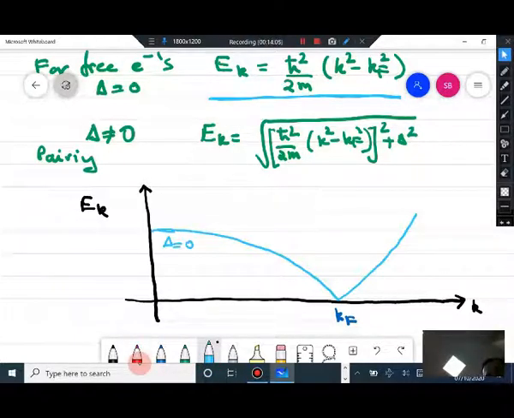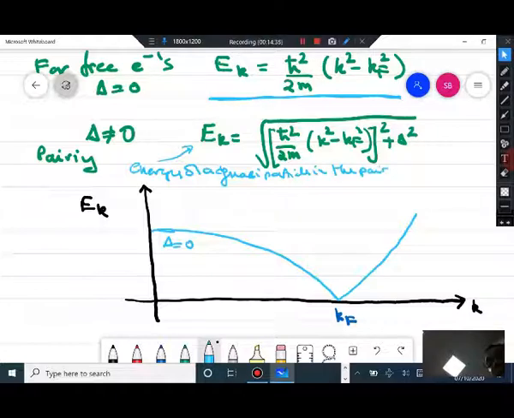Now if you plot this function for delta not equal to 0, this is the energy of a quasi-particle in the pair, or the energy of the electrons which are bound in the pair.